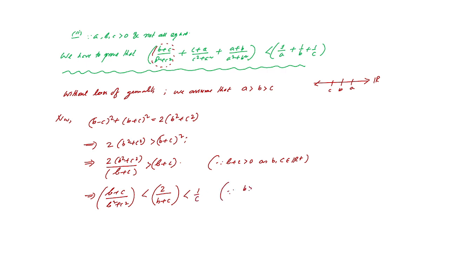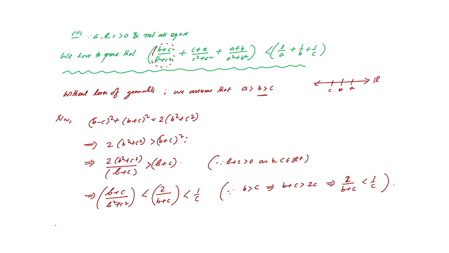Because we consider here B is greater than C. That means B plus C is greater than C plus C, that means 2C. And in that case we can write 2 by B plus C is less than 1 by C.